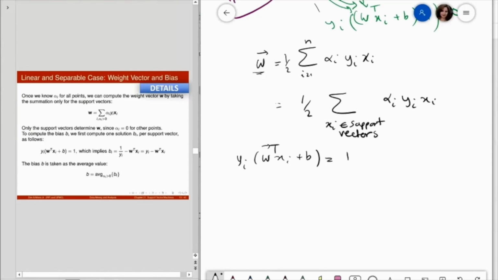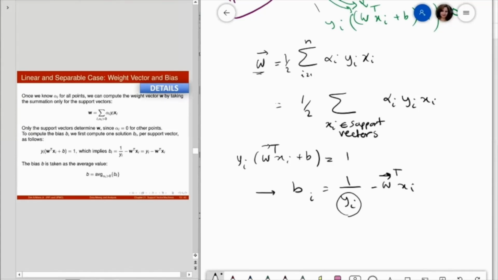I know W, I know xi, I know yi, so b for support vector i is equal to 1 over yi minus w transpose xi. yi is either 1 or -1, right?